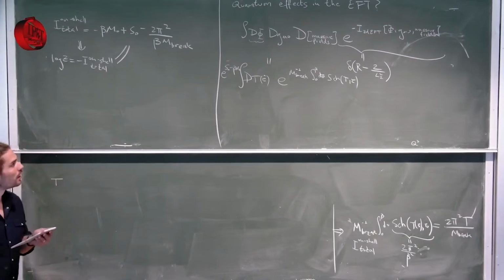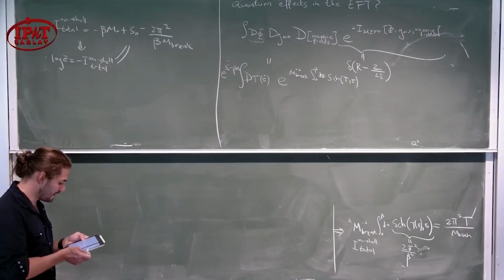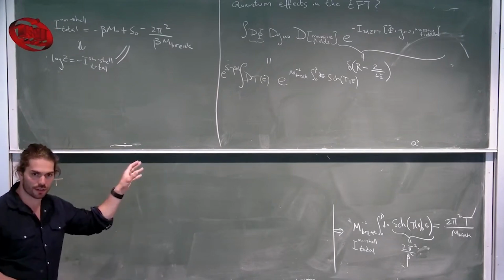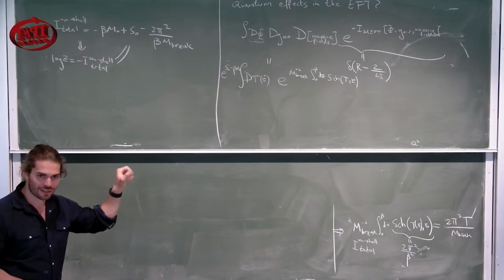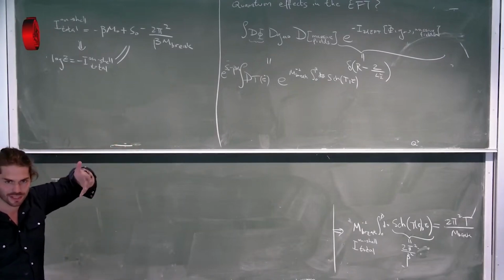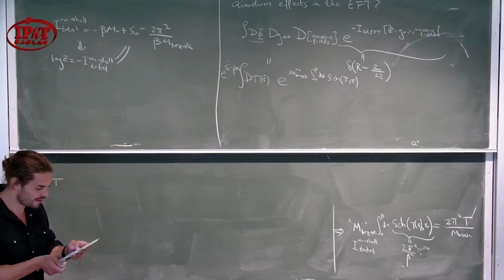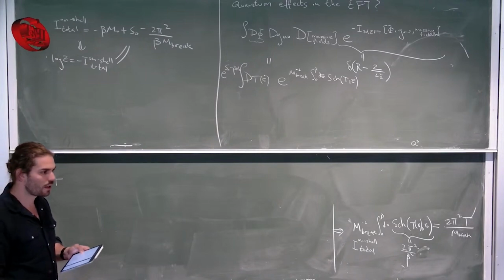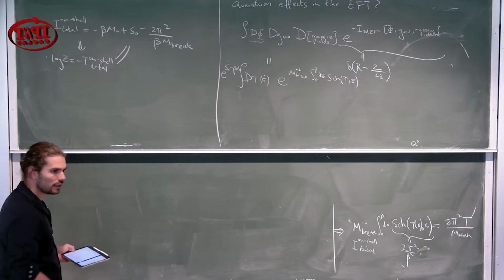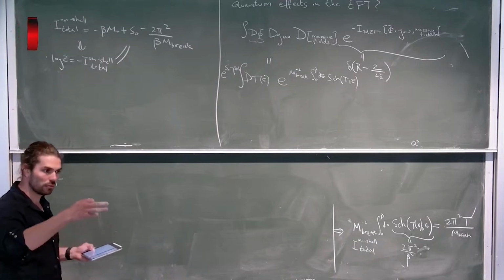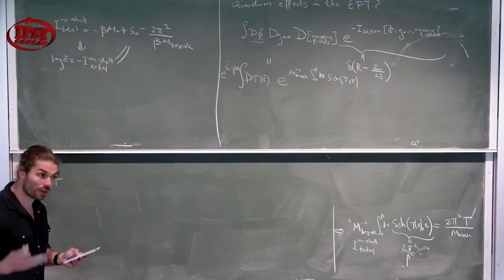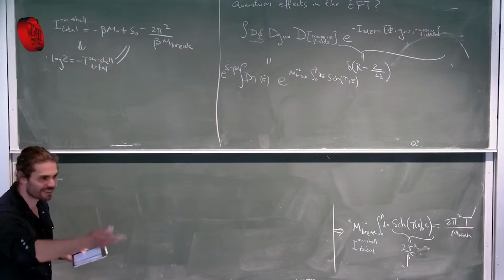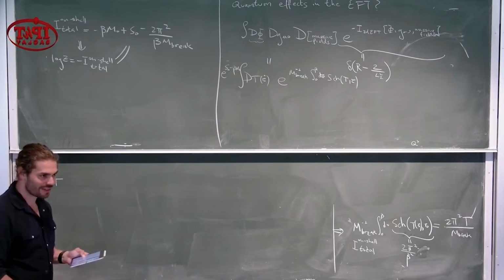Is the plus sign in the exponent? Yes, because the Schwarzian itself appeared with a minus sign in the action. So e to the minus the action, the Schwarzian appears with a plus sign. It's not positive definite anyway. Well, as we shall see, it is. By positive definite, you mean that when you expand the Schwarzian to quadratic order around the saddle point, the quadratic order has negative coefficients in the exponent.